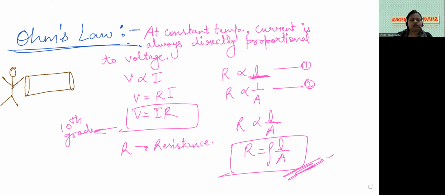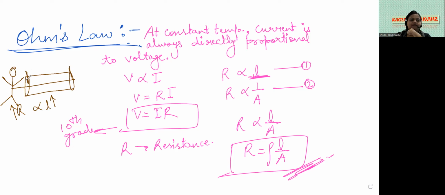If you want to go through this tunnel, the more the length, the more trouble you will feel on the way. It means if length is more, then you will feel more trouble. That trouble is only resistance. So that's why it is directly proportional to the length.